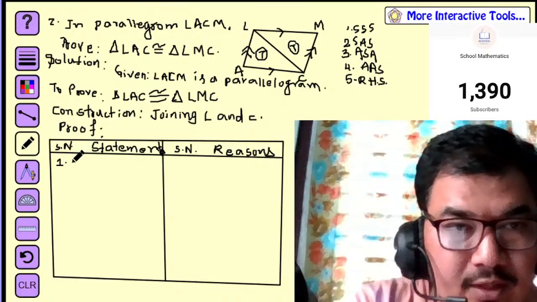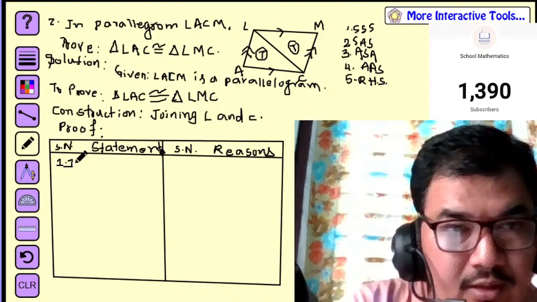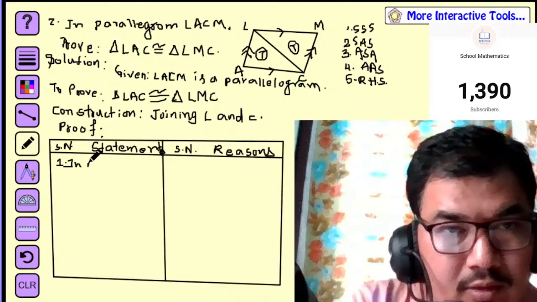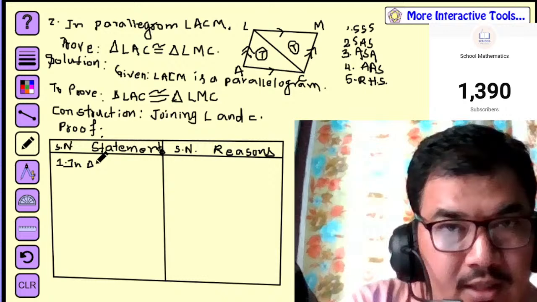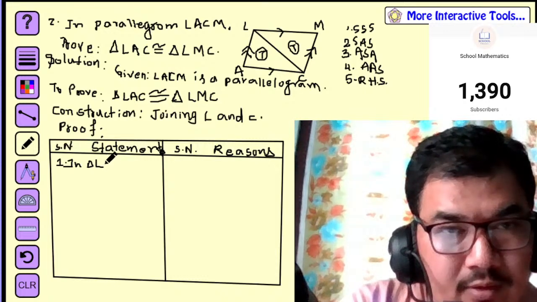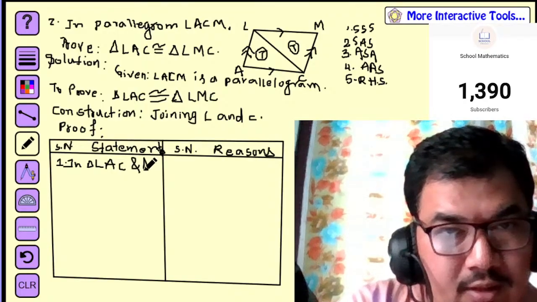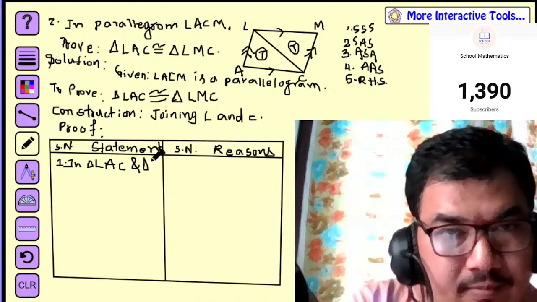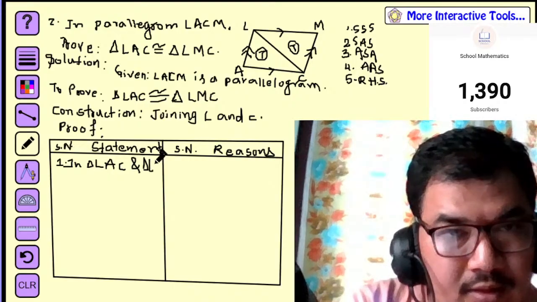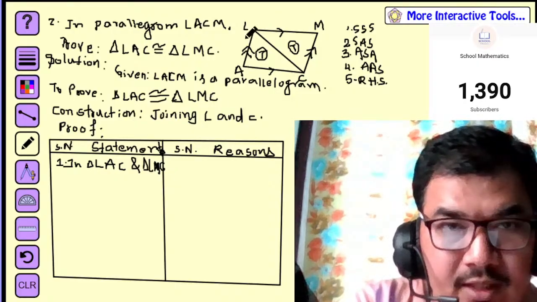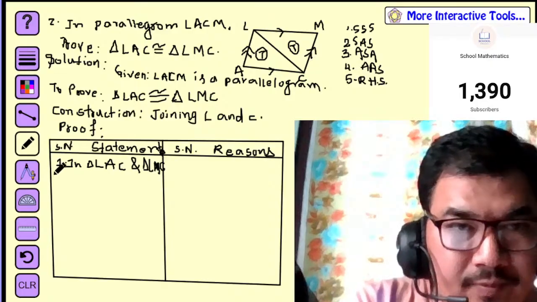Write their names. Write the name here, triangle LAC, and the other triangle is LMC.